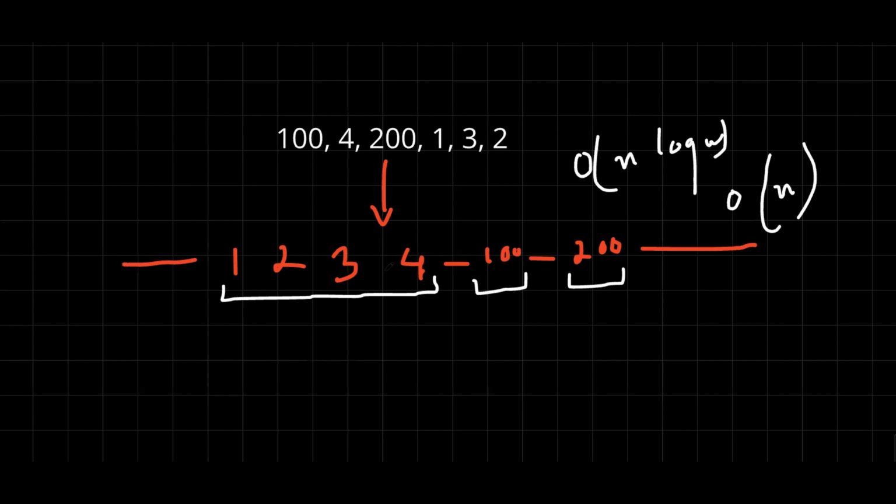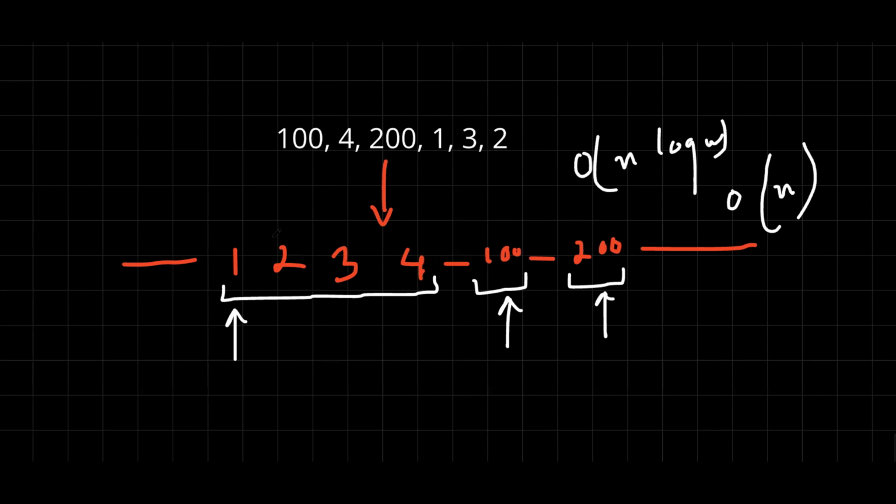So our first goal of this problem is to try to find the starting position of each of the sequence. So here, the starting positions of each of the sequence will be 1, 100, and 200, which is these positions, and these positions.